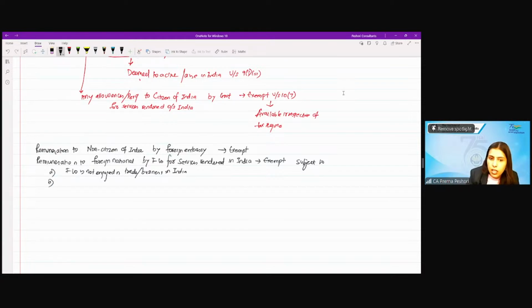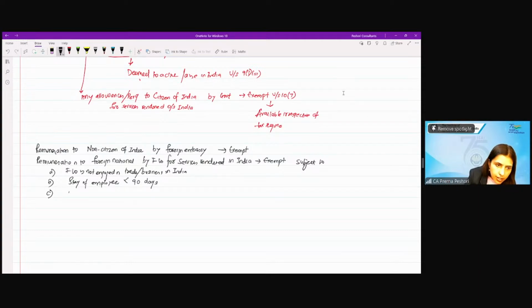B, the stay of the employee is less than 90 days. And C, the remuneration is not liable to be deducted from the income of the employer.